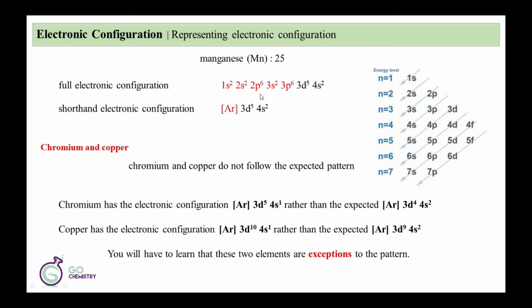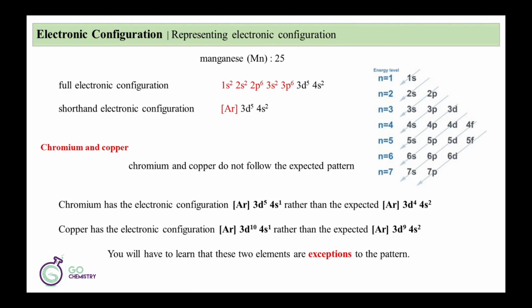In this shortened electronic configuration, we will be looking for the electronic configuration of the noble gas. For example, argon contains 18 electrons, and we will be writing it as argon, followed by the rest of the electronic configuration.